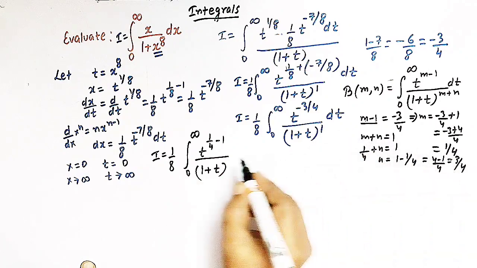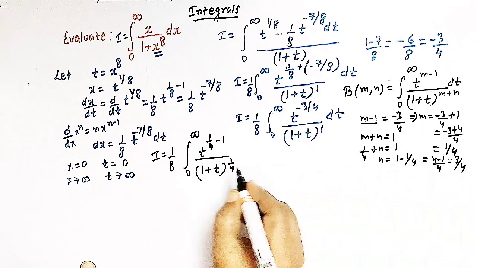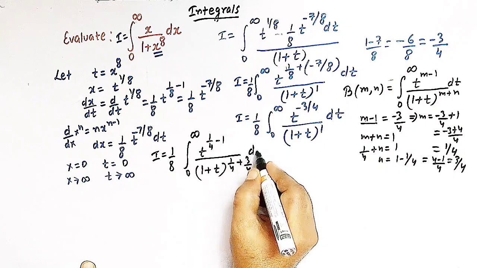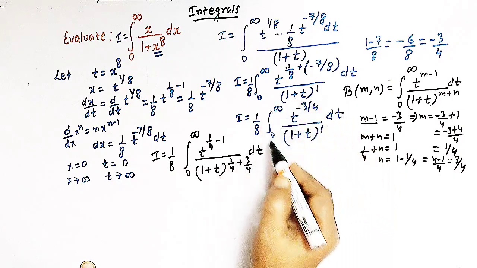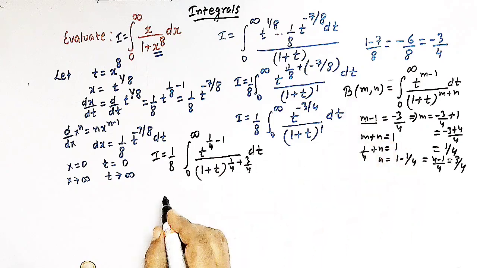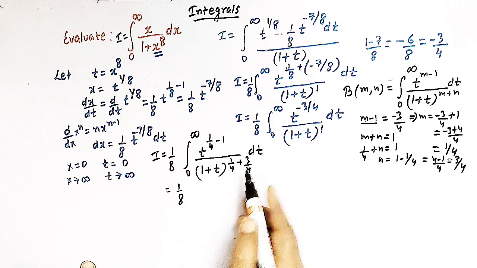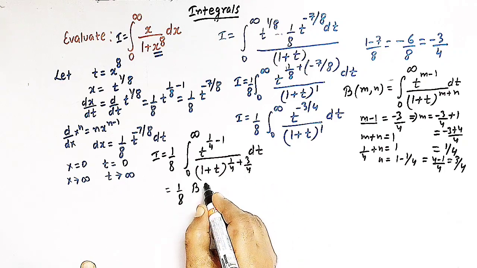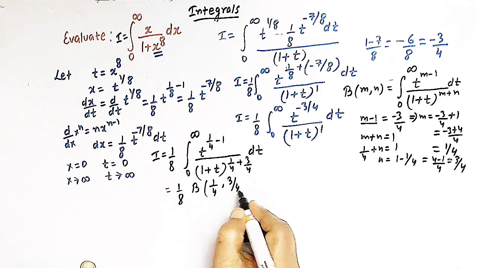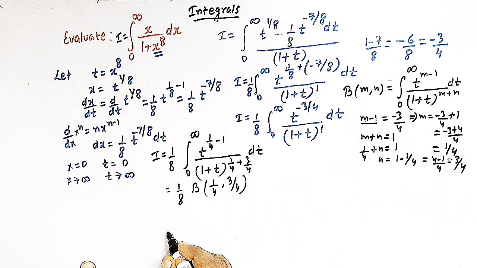So m is 1 over 4 and n is 3 over 4, right? So this is how we can express this integral in terms of beta function, right? Okay, so now we have 1 over 8 and this integral is now equal to beta of 1 by 4 comma 3 by 4. M is 1 over 4 and n is 3 over 4.